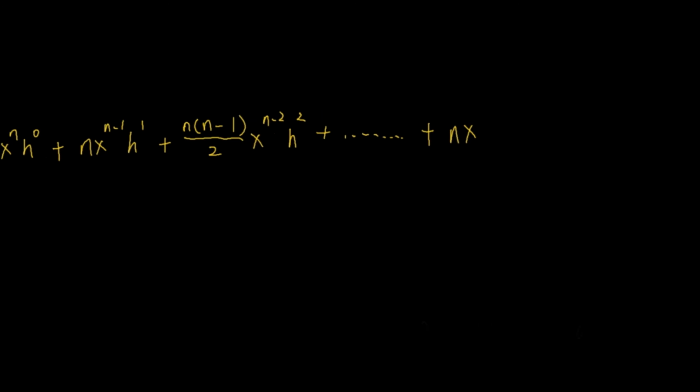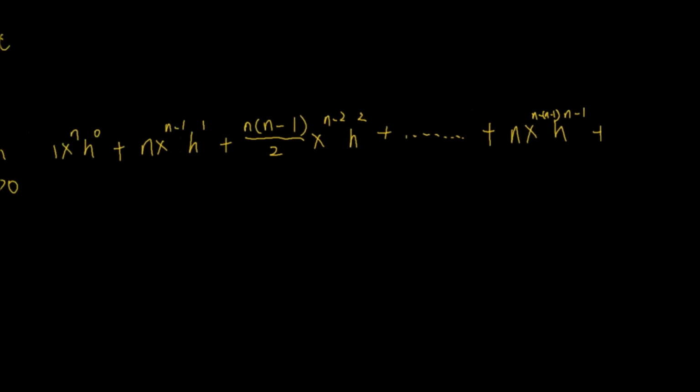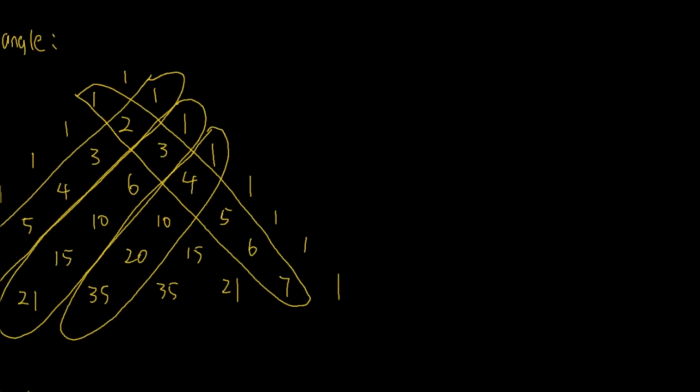Okay, so we do know that this must be h. We know that the h exponent here must be n minus 1, because the last one will be n. So then we can say that this is n minus 1 for the x exponent. Then plus this one will be 1, because remember, in that Pascal's triangle, the last term in each of these rows is 1.